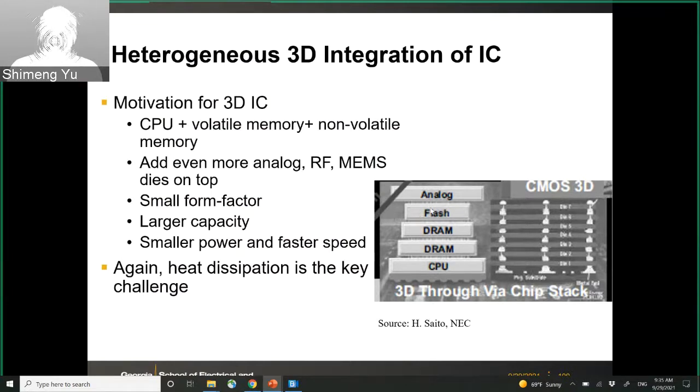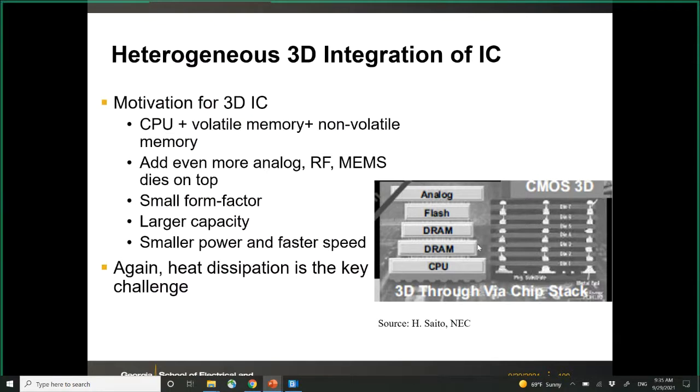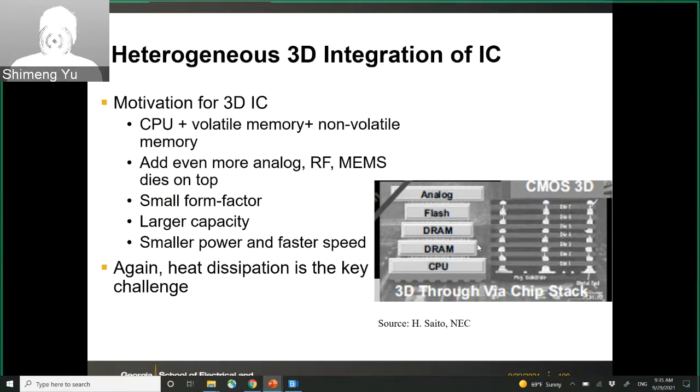So you can further have NAND flash on top, and also you may have some analog chips, for example, your RF or even MEMS for sensors and actuators. So you can have a truly integrated system on this 3D stack. So this is the future of system integration using the TSV technology.